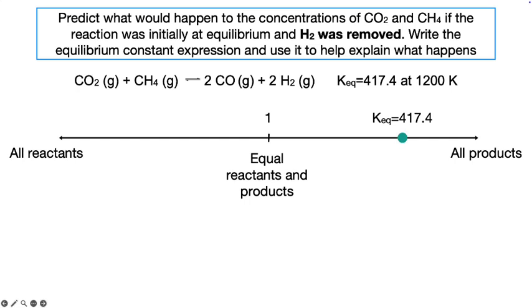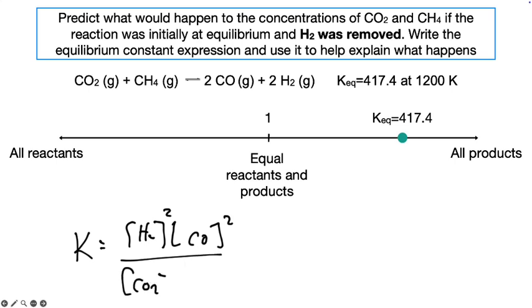If we wrote this out, I harped on a couple people because they wrote the K equals H2, CO squared, CO2, CH4. And then they said, products increased. Cool. If you're being asked to explain, did you explain anything?